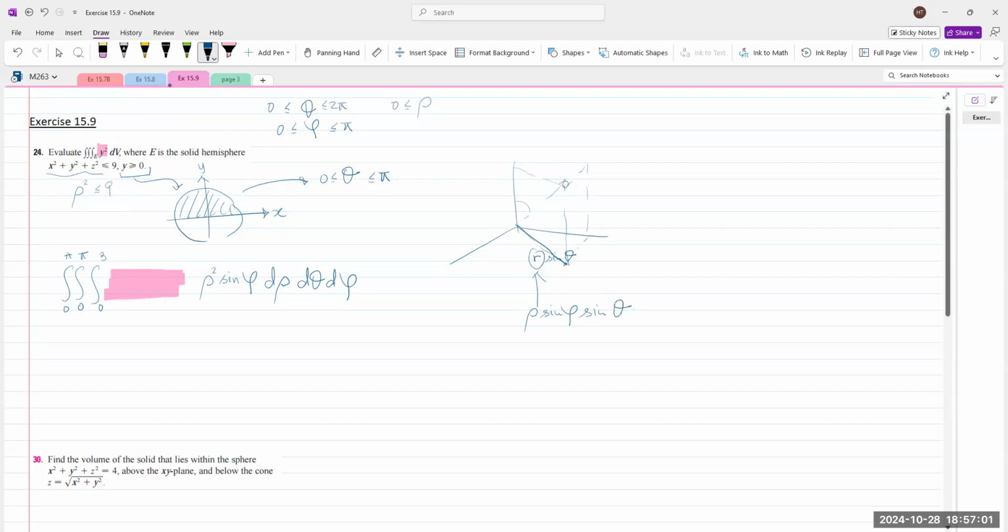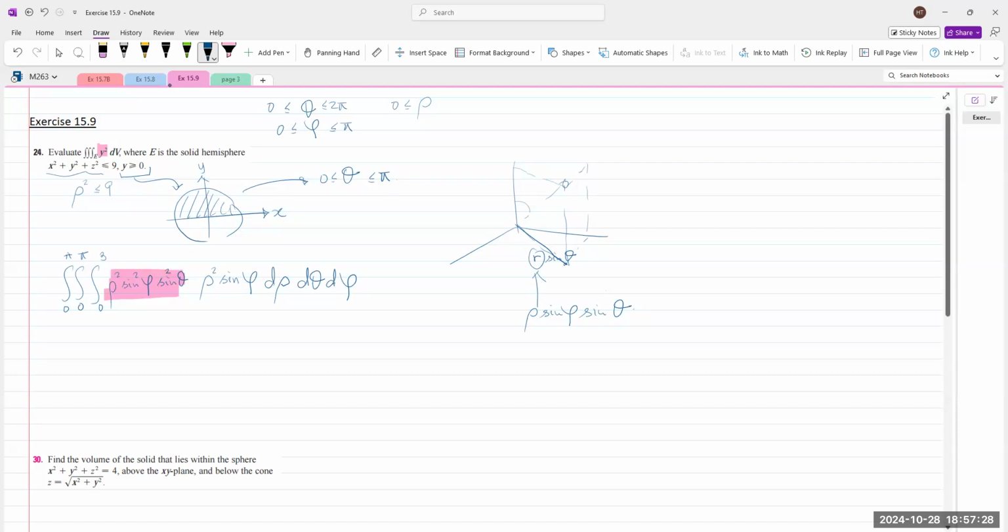That's the y then, huh? Okay, so this is rho squared sine squared phi sine squared theta.